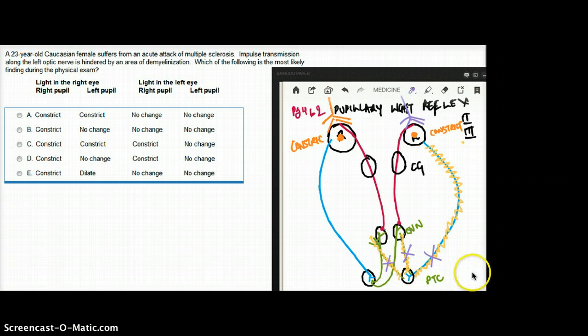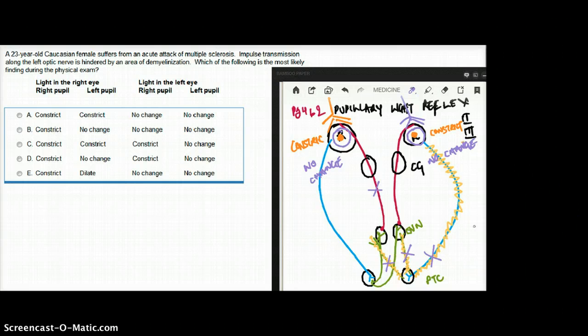As a result, the Edinger-Westphal nucleus is not going to be able to carry the information through the oculomotor nerve to the oculomotor muscles. So this eye is going to remain dilated, or there's not going to be any significant change. There's not going to be any significant change here or there as well. These two are going to have no change.